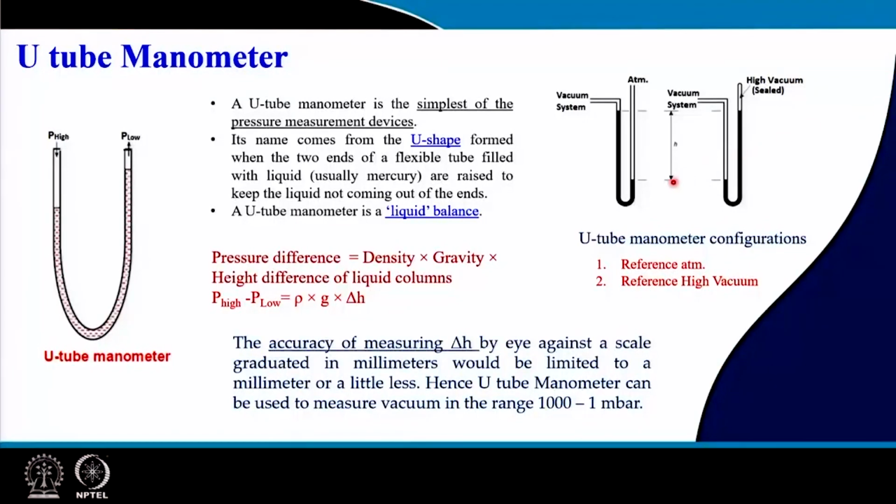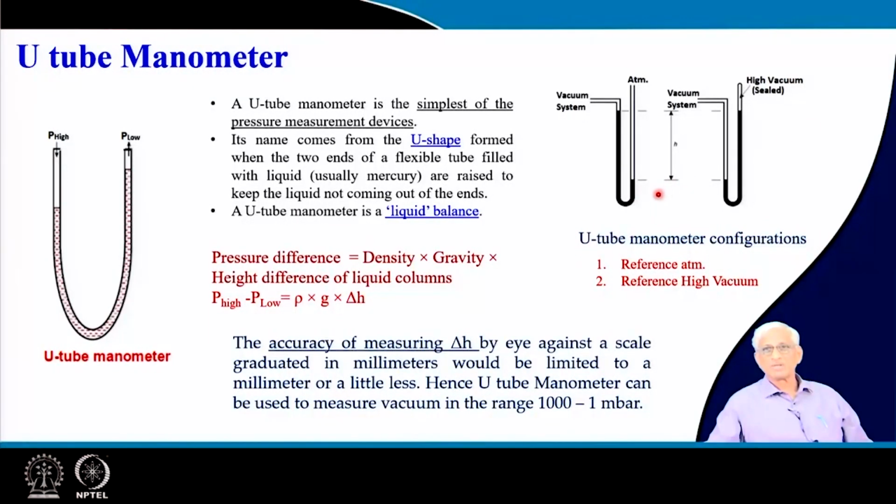If you look at the figure, there are two configurations of the U-tube manometer. In one, the reference arm is connected to the atmosphere, and in the other, to a high vacuum in a sealed pipe. Here it need not be sealed because it is exposed to the atmosphere, an infinite volume, no problem.